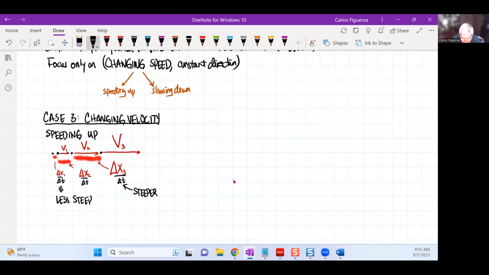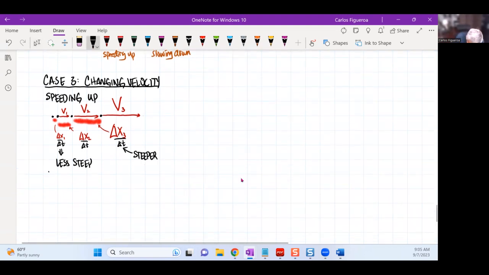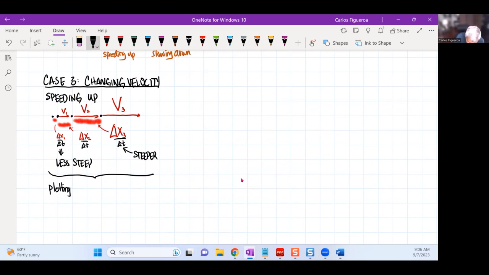Okay? So we want to plot these changing velocities. When I start to look at this, it tells me that plotting changing velocities implies changing slopes.